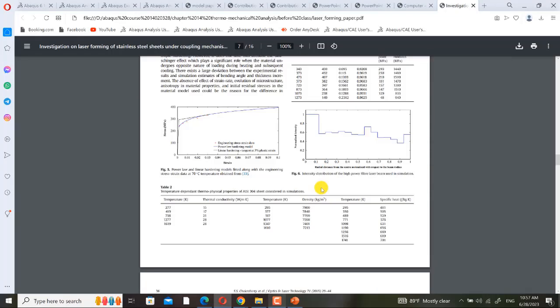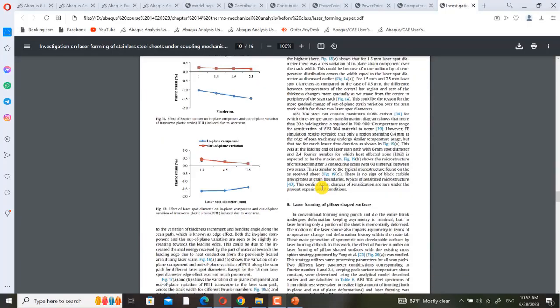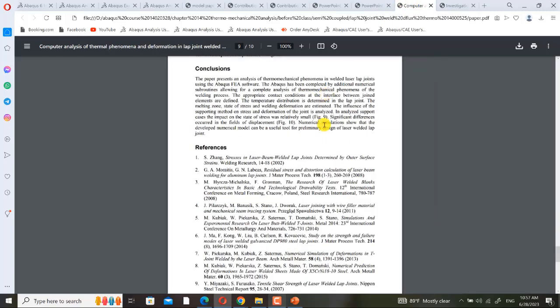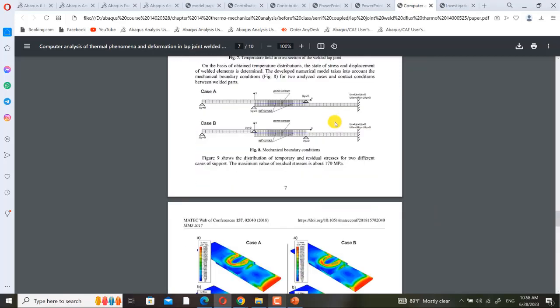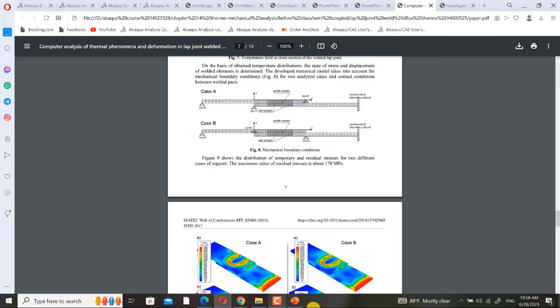It will go up. We do this analysis using the semi-coupled procedure. Also, you can do it with the fully coupled procedure, but in this class, I told you I don't talk about the fully coupled case. I only talk about the semi-coupled case, and I will solve it using the semi-coupled case. Also, this one, they have done it using the semi-coupled procedure.